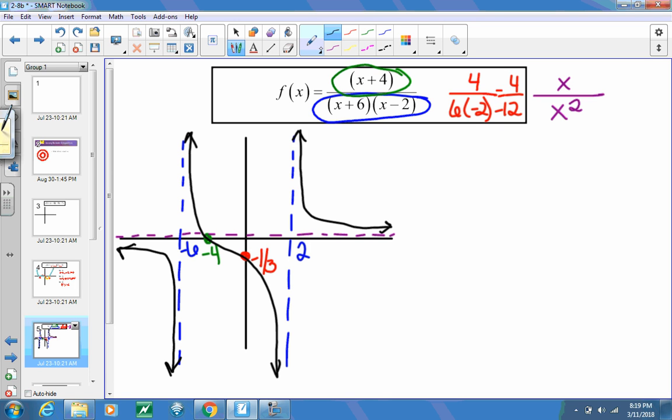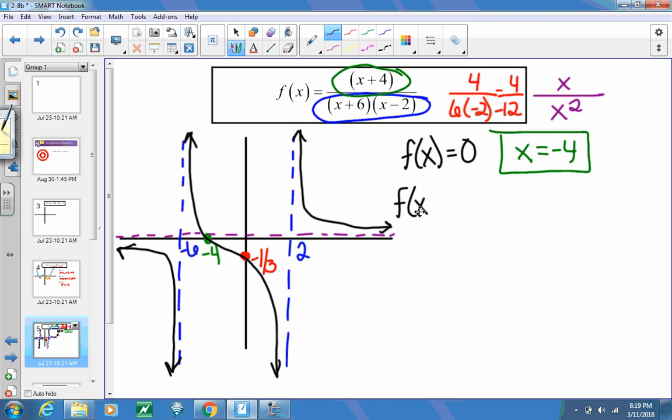All right, so now I'm going to look at this graph here, and I'm going to identify, first of all, when does our function f of x equal 0? There is only one zero for that, and that is when x is equal to -4. Next, when is f of x going to be greater than 0? Just like with a polynomial, we're going to look for when it is above our x-axis.